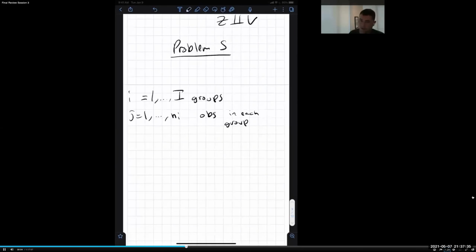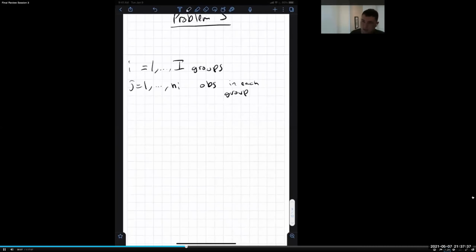They're all normally distributed, and they each have possibly different means and different variances. So X_ij are independent, distributed normal(mu_i, sigma squared_i). We don't know the mu_i's and we don't know the sigma squared_i's either.